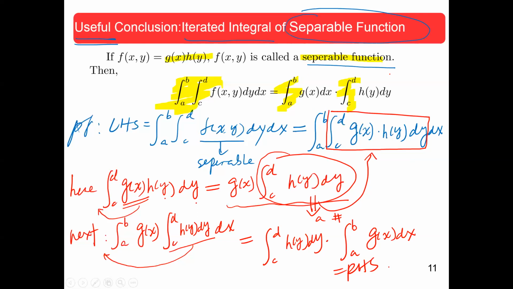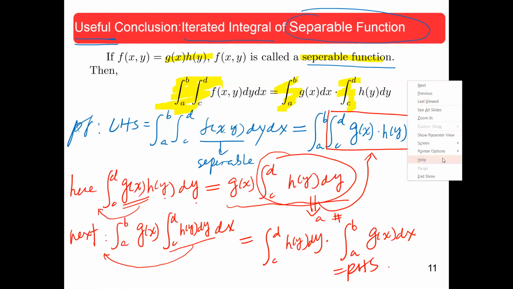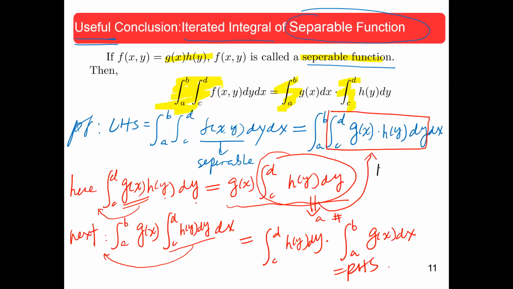I do want to put a note here. You can't always use this for all kinds of separable functions. I'm going to change to another color. So the note would be: for this conclusion, first, you can use this for separable functions, of course.